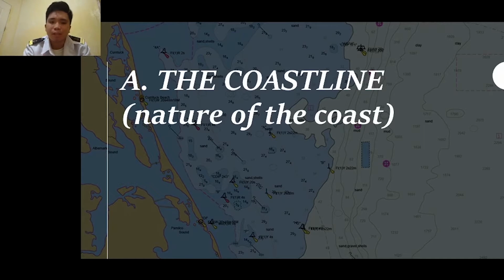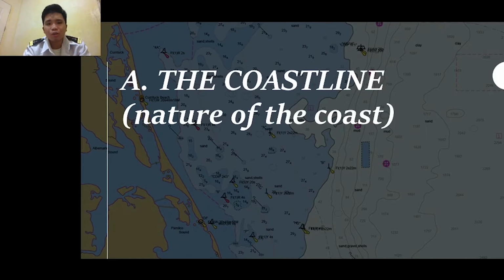Especially in passage planning, we must understand what these symbols and abbreviations are, so that we can attain a safe and efficient voyage that we desire. Because if we do not understand these symbols and abbreviations on a nautical chart that we are plotting our passage onto, we might bring our vessel into danger.